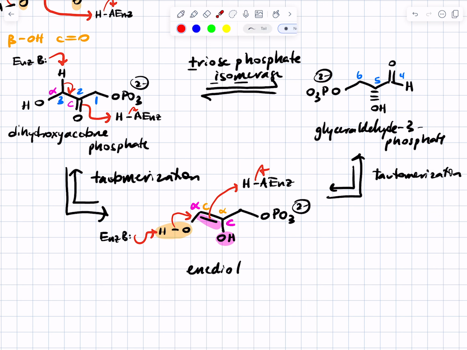Notice that, and I can erase the numbers here, notice that the stereochemistry of this hydroxyl group is set in this step where we protonate the orange alpha carbon, and the enzyme preferentially protonates from a specific side of that ene-diol so you get the correct stereochemistry of that alcohol.